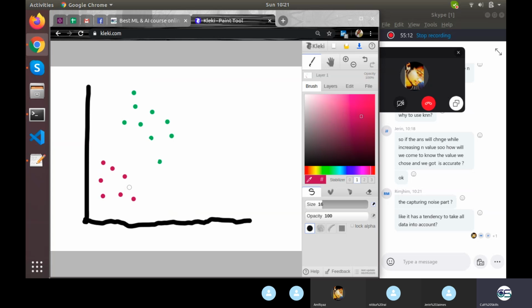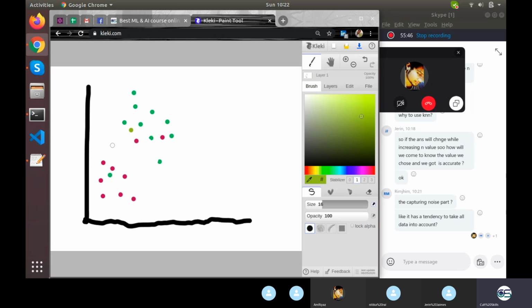One of the green points has turned out to be at this place. That's an outlier. There is always an exception; whenever you do something, there is always an exception. There are two corresponding pink points right there as the exception. Now, when you train a model and there is a point here of any other color, you will be confused between pink or green. So KNN doesn't handle outliers so well.